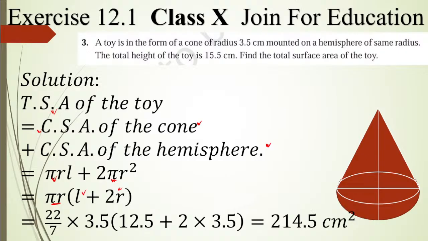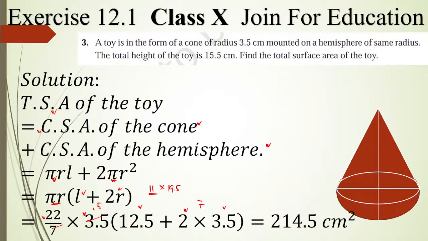The value of pi is 22/7, the value of r is 3.5, and the value of L is 12.5, and here plus 2r, so 2 and the value of r is 3.5. So addition of this will be 7, and 12.5 plus 7 equal to 19.5, and this one cancelled out, then we write here 0.5, and this one will be 11.